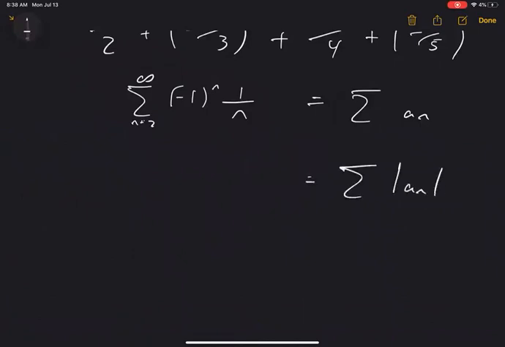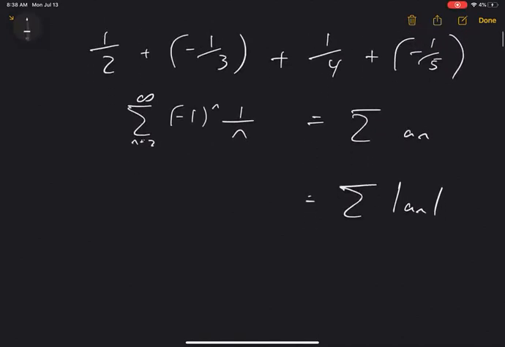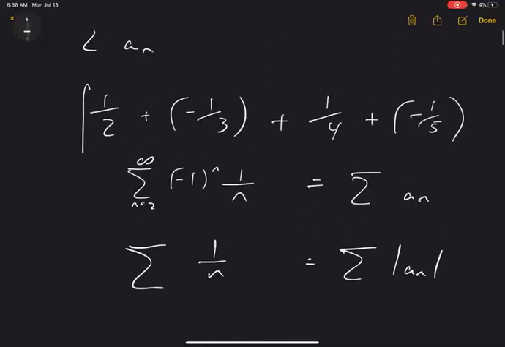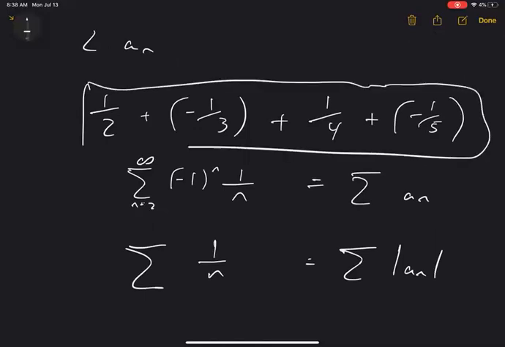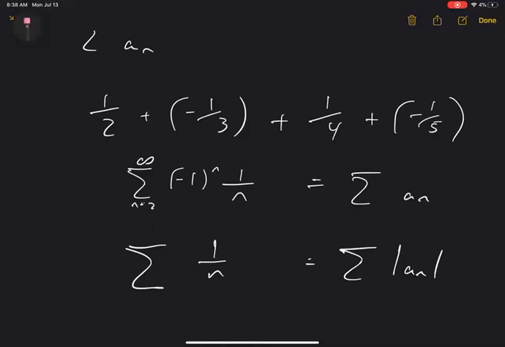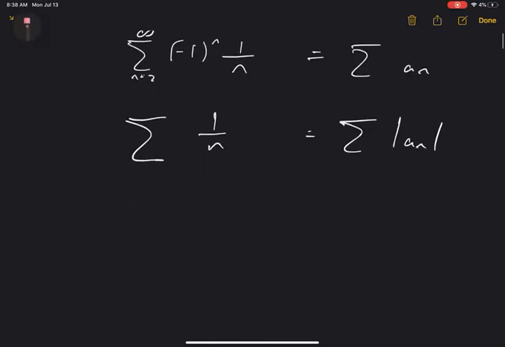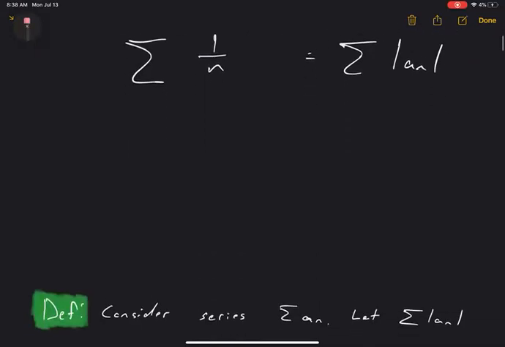Well, it's the same numerical stuff, but everything's positive, so I would lose that alternating sign. I would just take all of this and make it all positive. I'm taking the absolute value of each term. So that's what I mean by series of absolute values.